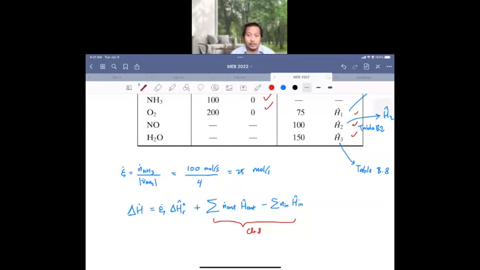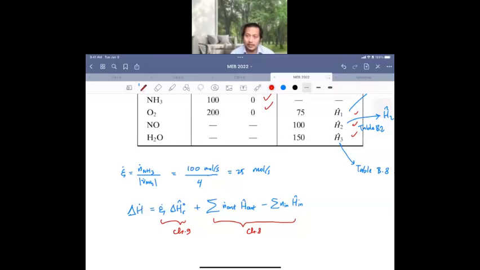In chapter 8 we have several types of enthalpy, from table B2, B8, B11, etc. Now chapter 9 is actually adding the heat of reaction. That's the difference.